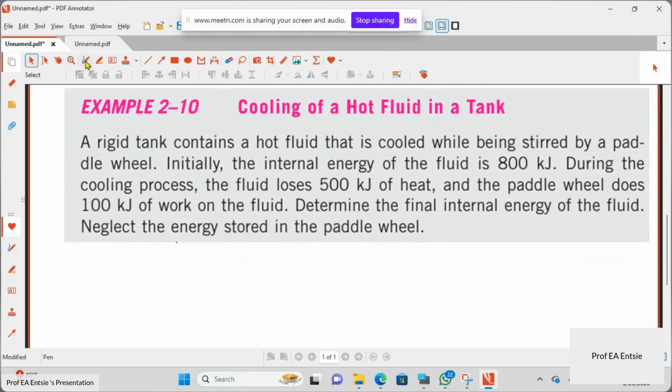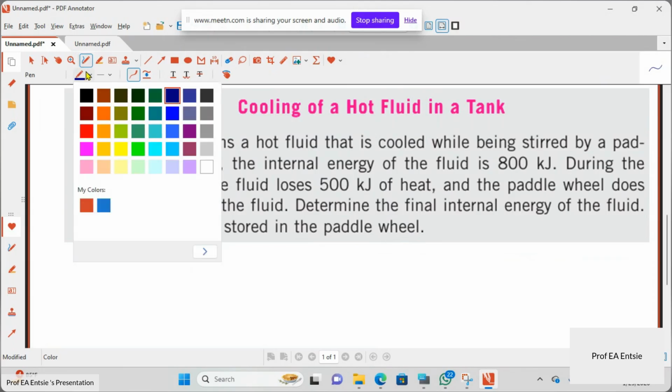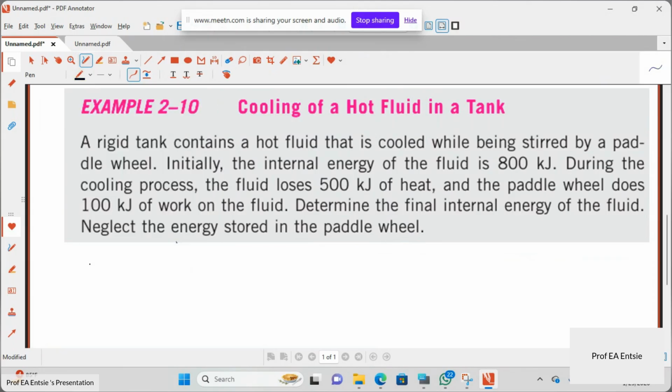So if that's the case, I'll change the color to black because I love black. Solution: we will say that initially the internal energy is U1. You see, thermodynamics is good.